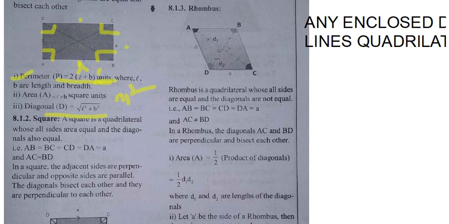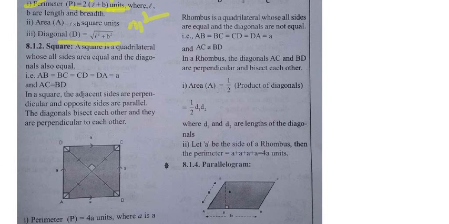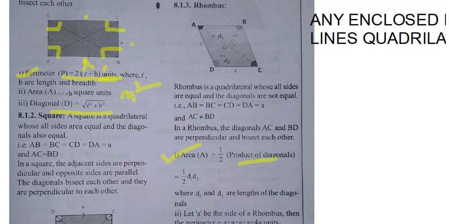And the important formulas for the rhombus: first one is area. The area of the rhombus is equal to half into the product of diagonals. If I consider this diagonal as D1, then the other diagonal is D2.